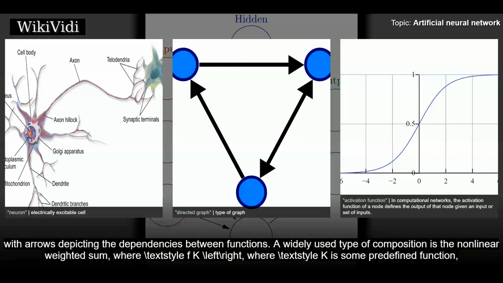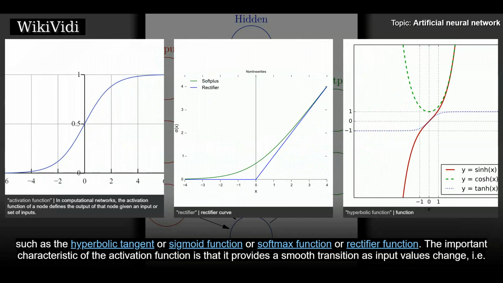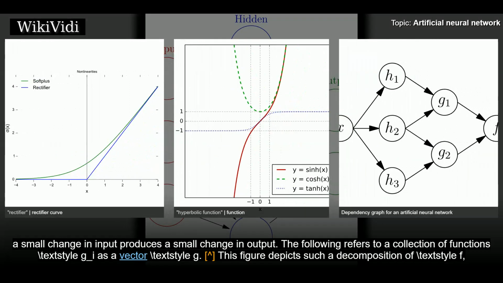A widely used type of composition is the nonlinear weighted sum, where f(x) = K(\sum_i w_i g_i(x)), where K is some predefined function, such as the hyperbolic tangent, sigmoid function, softmax function, or rectifier function. The important characteristic of the activation function is that it provides a smooth transition as input values change, i.e., a small change in input produces a small change in output.